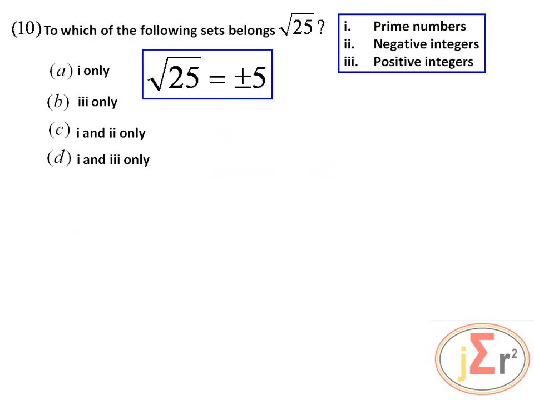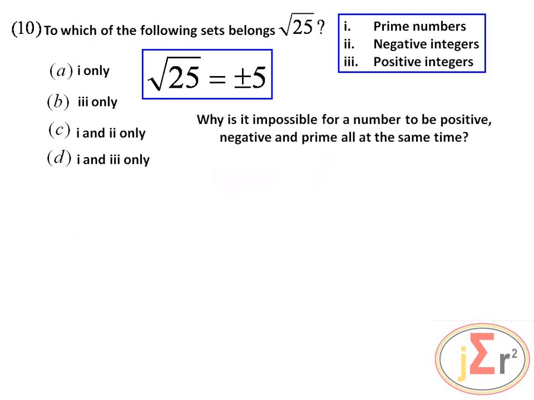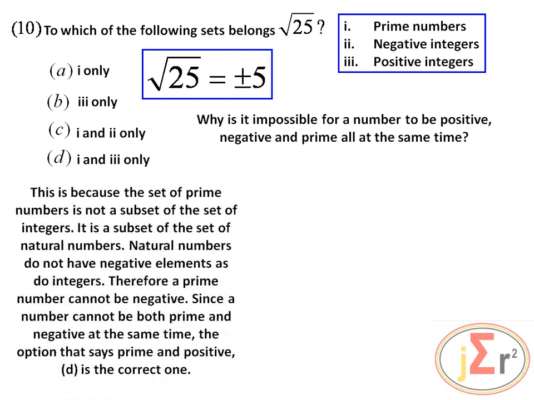And let's see why. Why is it impossible for a number to be positive, negative, and prime all at the same time? This is because the set of prime numbers is not a subset of the set of integers. It is a subset of the set of natural numbers.